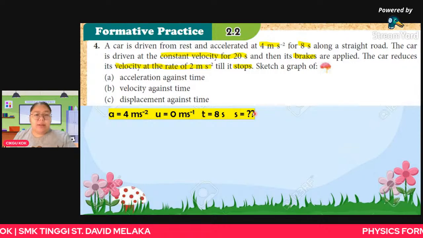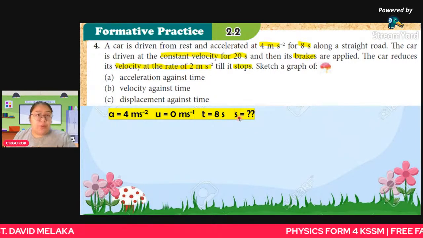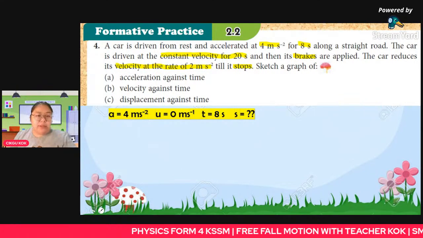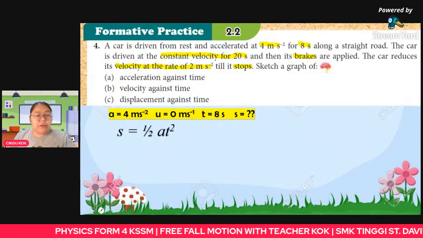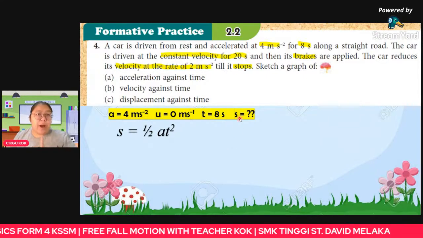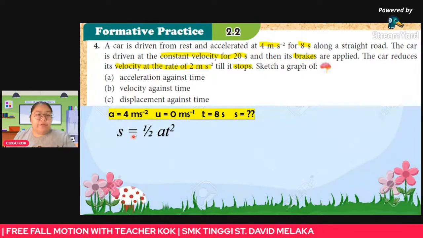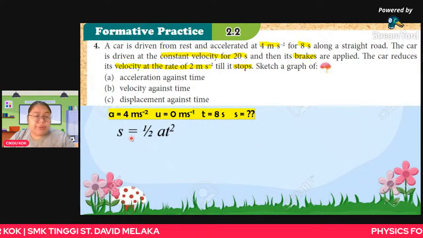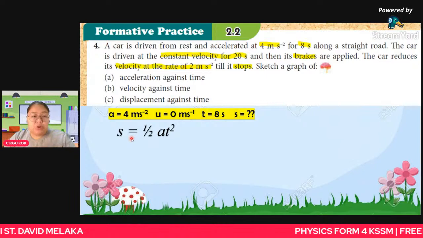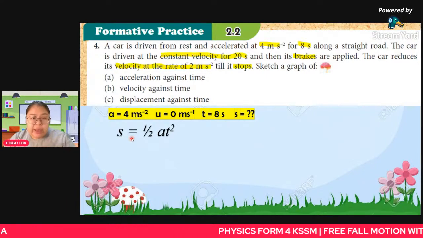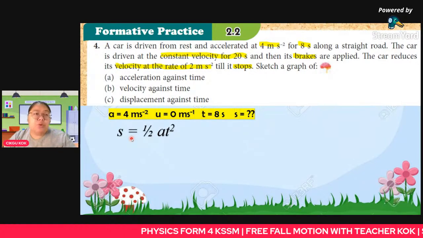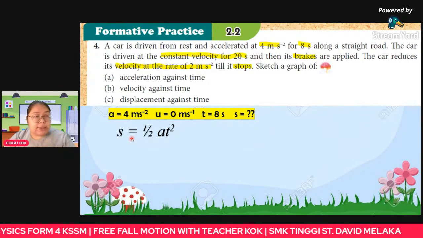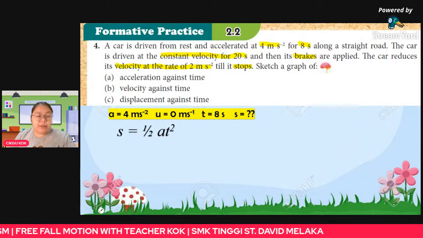After that the displacement we don't know, we need to find it. So for the first part I use the third equation, S equals UT plus half AT squared. UT we can ignore because U is 0, so S equals half AT squared.